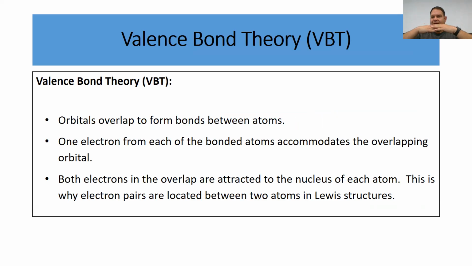Once that overlapping occurs, the electrons in those overlapped orbitals are shared between the two different atoms, and that forms the covalent bond. We indicate this overlapping when we draw a Lewis structure and put two dots in between the two atoms. The two dots represent the overlapping of the orbitals to form that covalent bond, okay? For the rest of this lesson, we're going to focus on the different types of overlaps that can occur to create covalent bonds.